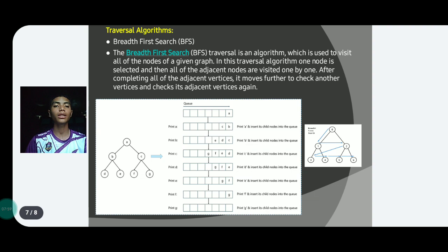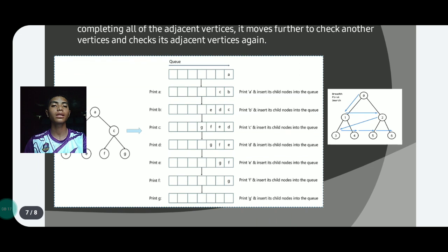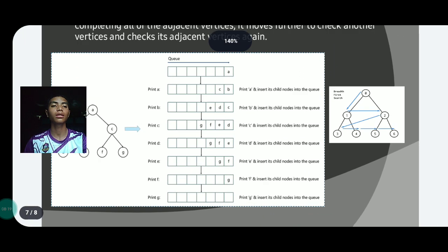After completing all of the adjacent vertices, it moves further to check another vertex and check its adjacent vertices again. Here we go to BFS. For BFS, here is a sample.